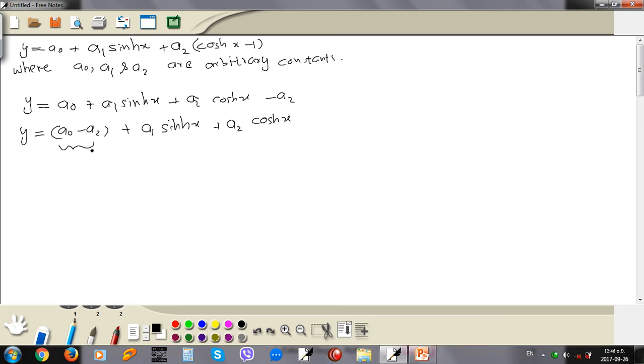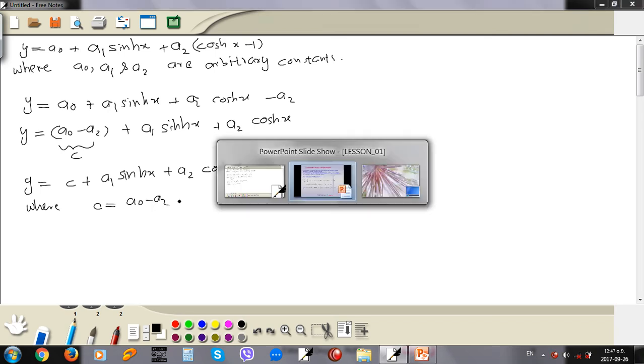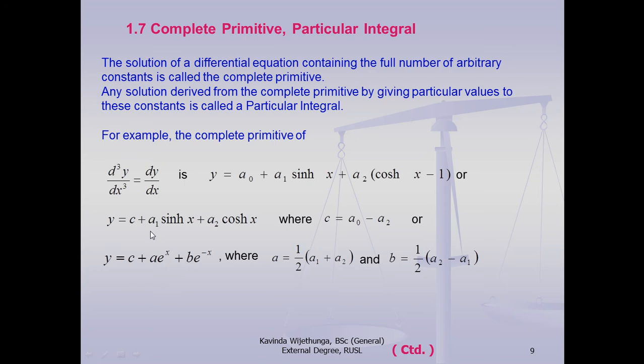Now I am introducing another constant c. So then we can write y equals c plus a1 sin x plus a2 cos x, where c equals a naught minus a2. That's how we got this equation. Or we can write this complete primitive in another form also.